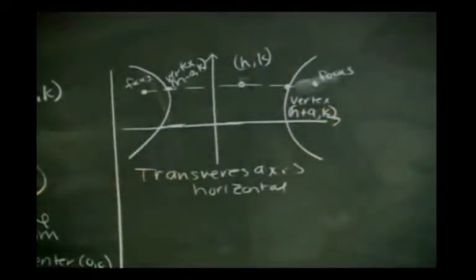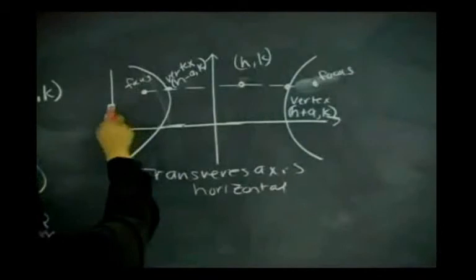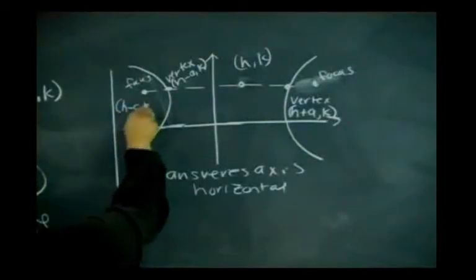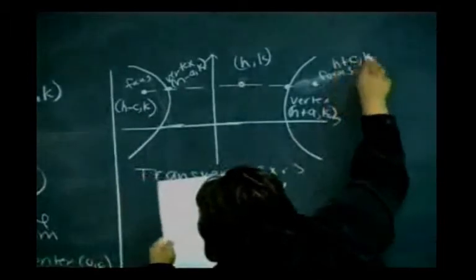And my foci are c units from the center. It makes this focus (h minus c, k), and this one (h plus c, k). So this is if my transverse axis is horizontal.